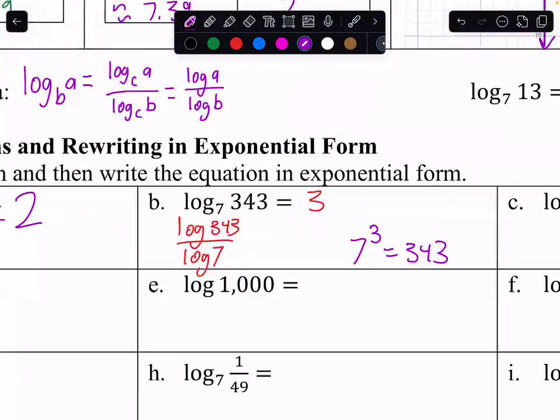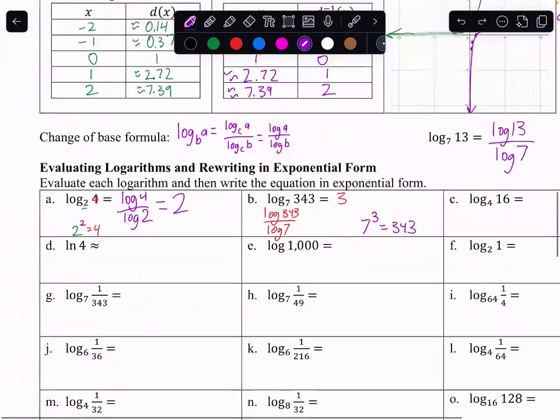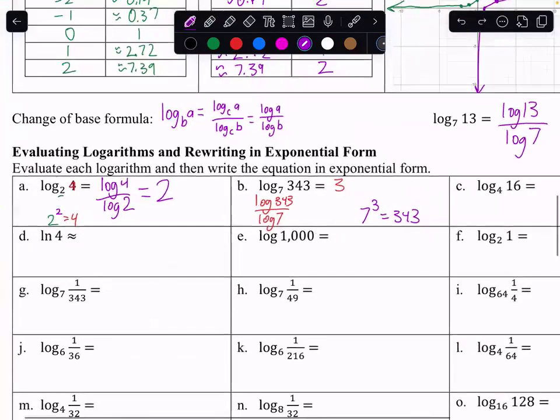Okay, so that's what I mean when I say write the equation in exponential form. I want you to take the logarithm and rewrite it without the word log, but with an exponent instead. Okay. So any questions about either of those two?